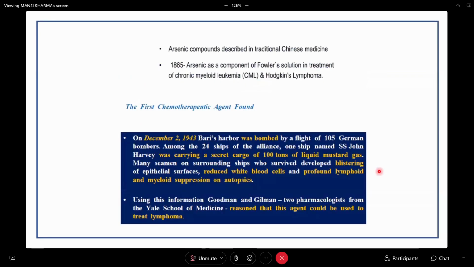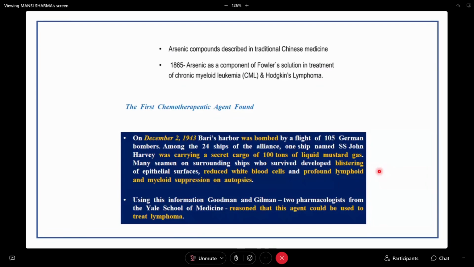So, to start with a small overview of the history, the arsenic compounds were used in traditional Chinese medicine from a long time back. And in 1865, arsenic was also used as a component of Fowler's solution to treat CML and Hodgkin's lymphoma.